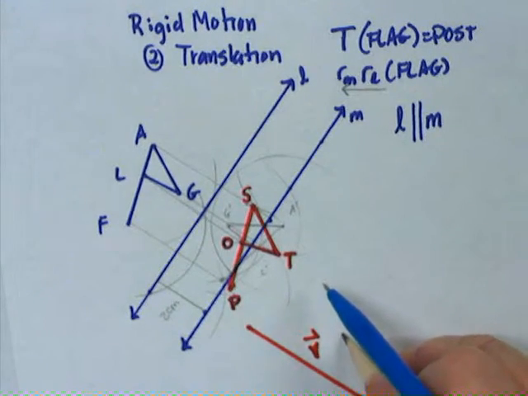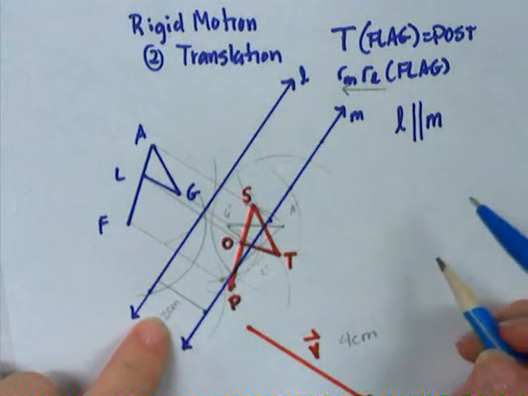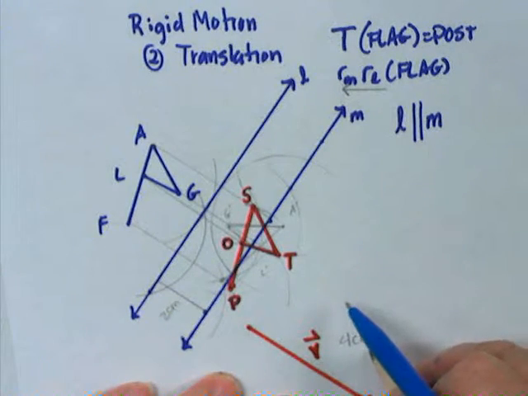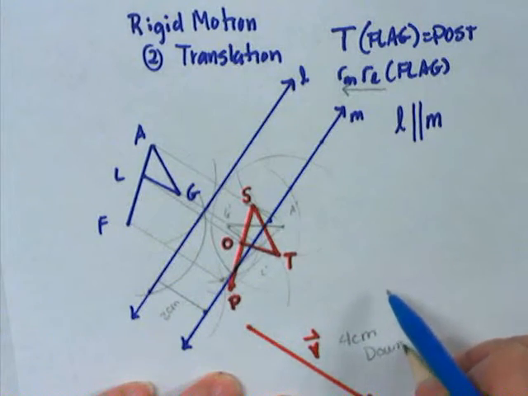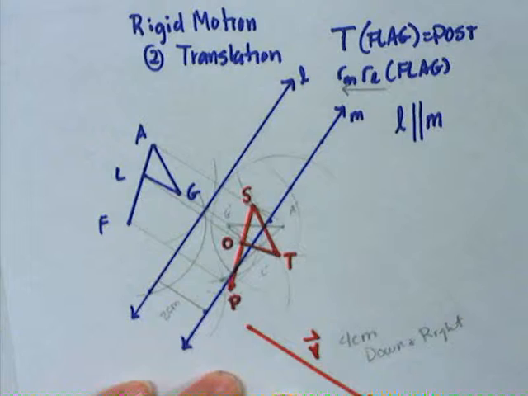Vector V is 4 centimeters long because it's twice the distance between the lines, and for now it's in the direction down and right. We'll learn how to get a perfect angle on that direction later.